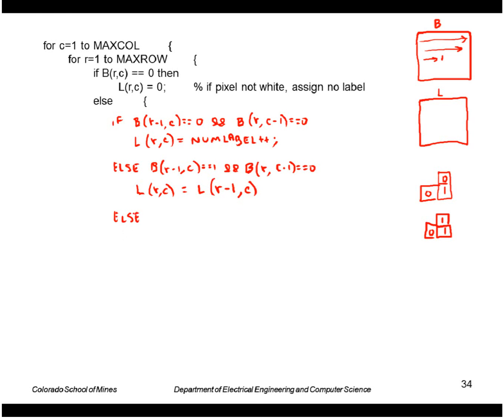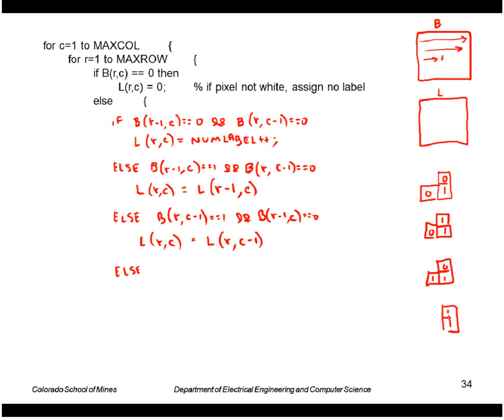Another case would be if the left point has been assigned but not the point above. So that would be R C minus 1 and R minus 1 C, in which case my label at that point is just the label of the neighbor to the left.